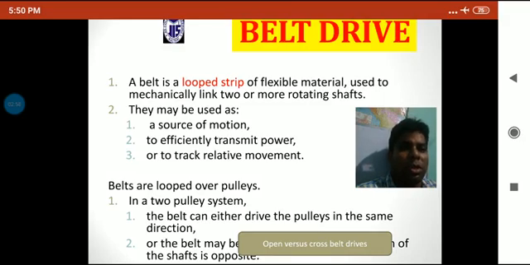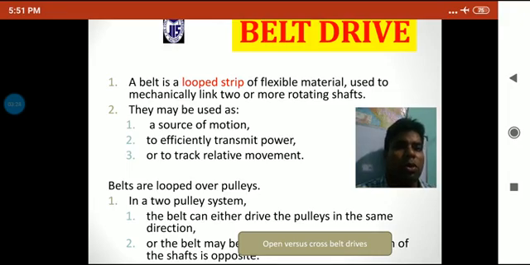So these are the advantages of belt drives, and some disadvantages are there, which I will discuss later. First, why is this type of drive system used? First, it can be used as a source of motion.